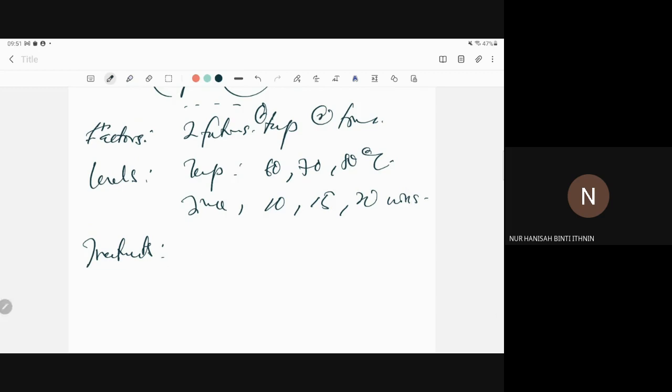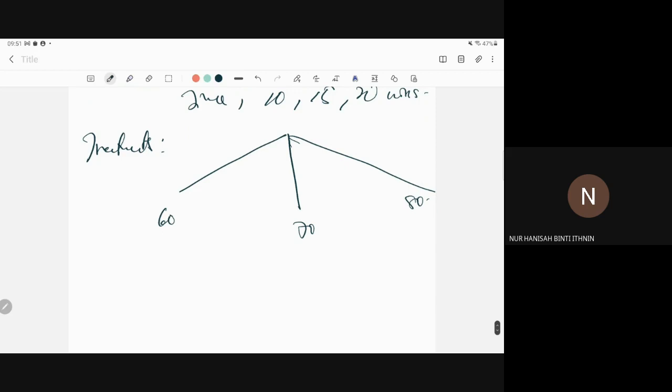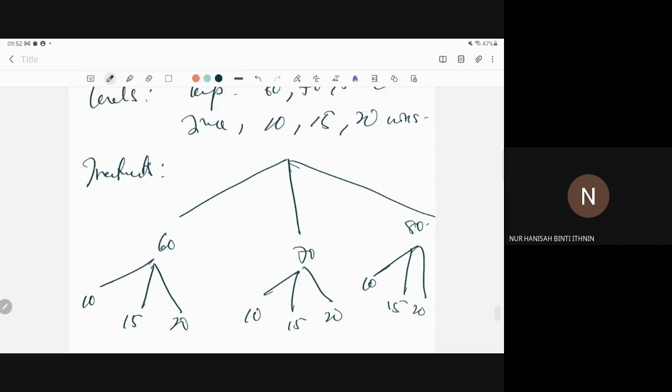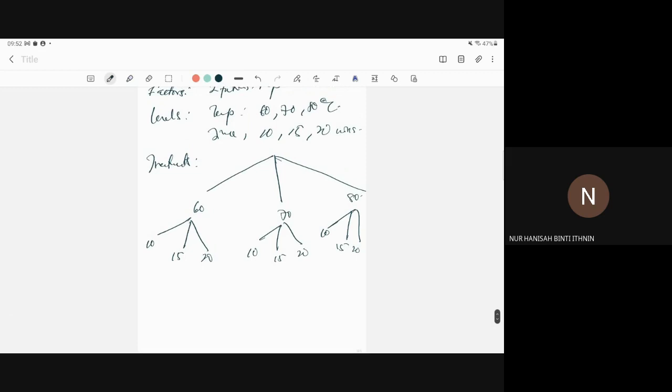So for example, you are going to do a factorial design. You have your temperature, 60, 70, 80, and for each you will have your variation of time. Meaning that your first treatment is this one, and then this one, and this one.